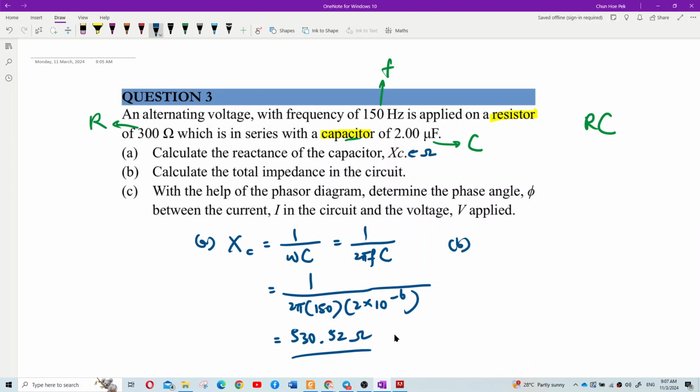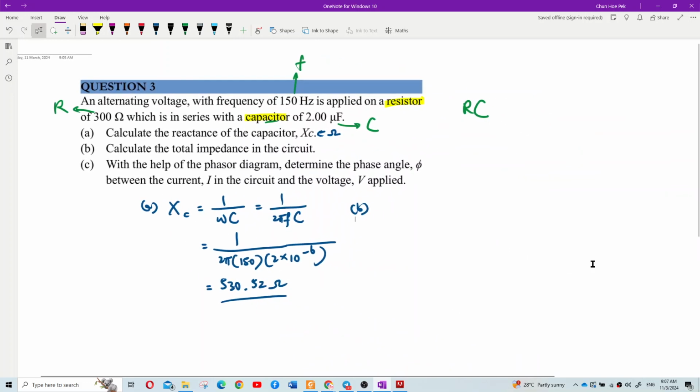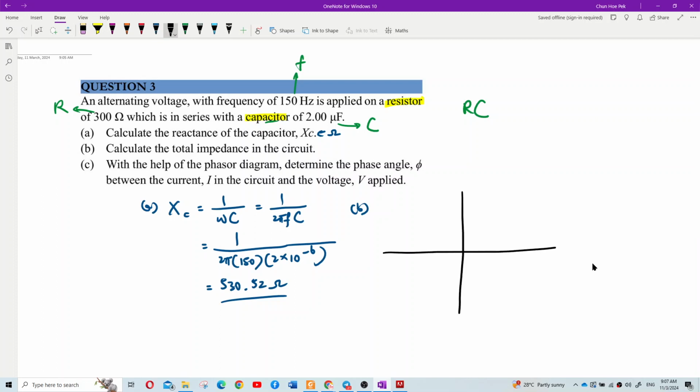Question B. What's the impedance? Remember? Draw the phasor diagram first. How to find it? Make a phasor diagram, then draw the current first. Then this is an RC circuit. VR, where is VR?